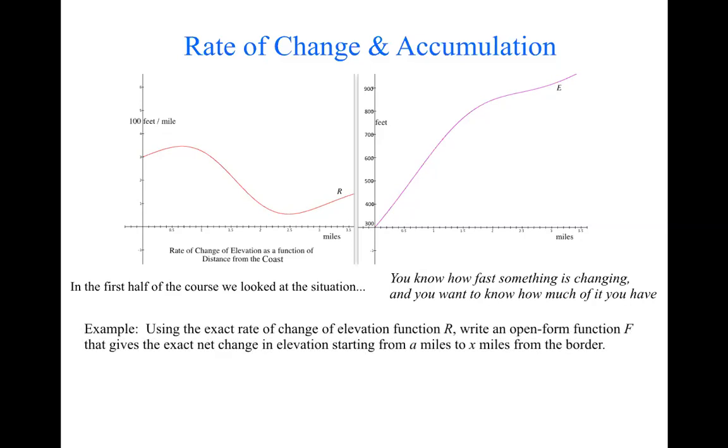So even if we just have its name, we just call it R, I can write an expression for that, for the exact open form function that gives exact net change in elevation, or exact total change if I knew a starting point. But we talked about this at the tail end of last class.